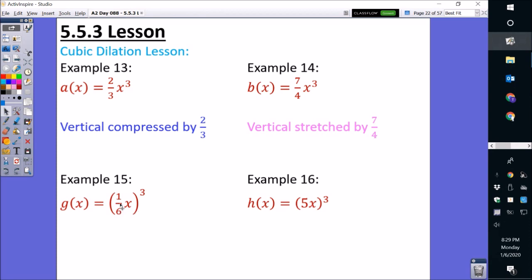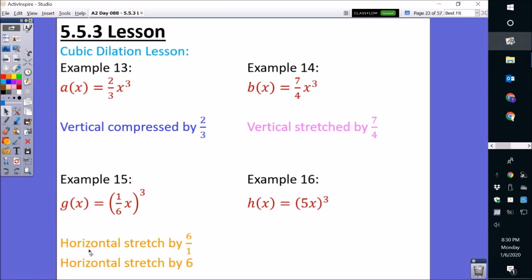Now 1 over 6, since the top is less than the bottom, we can safely say that 1 over 6 is less than 1. So since it's less than 1, this will be horizontal stretch by 6 over 1.